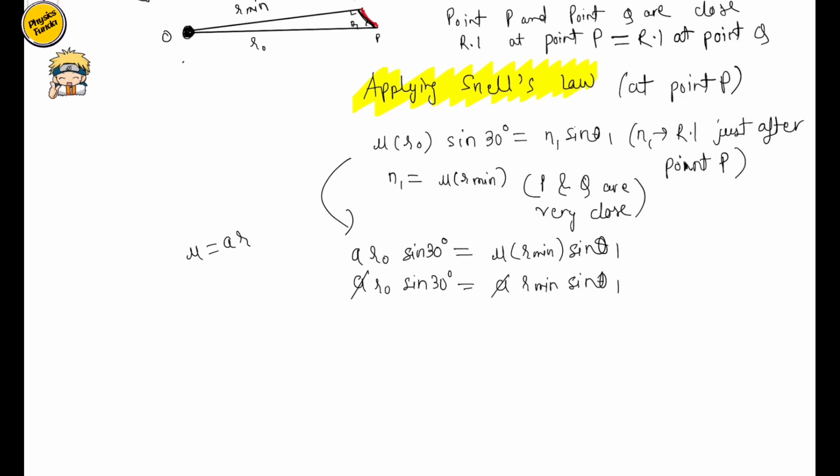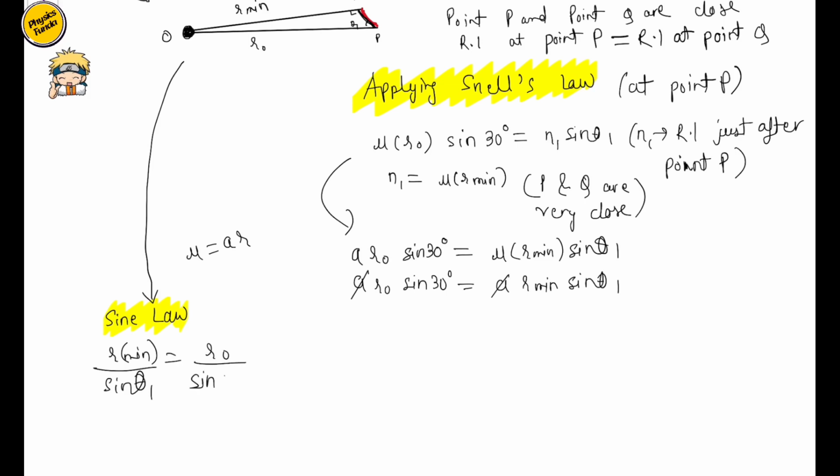Now if you see in this triangle, applying the sine law, I can write r minimum upon sine theta 1 is equal to r naught upon sine 90 degree, right? That implies sine theta 1 is equal to r minimum upon r naught.